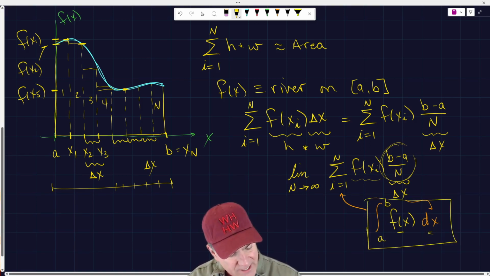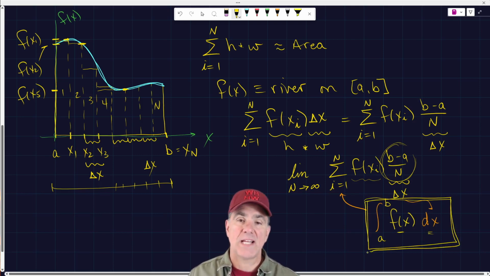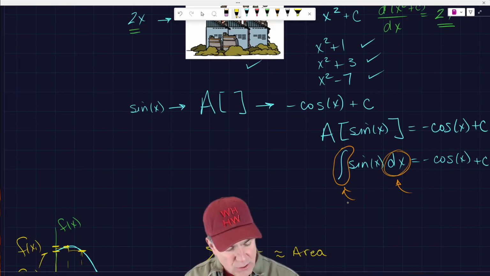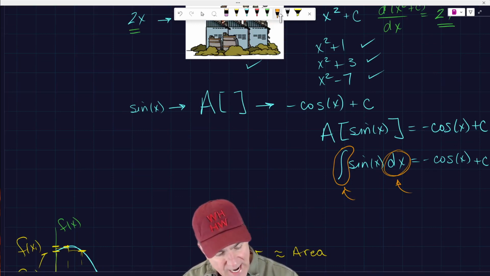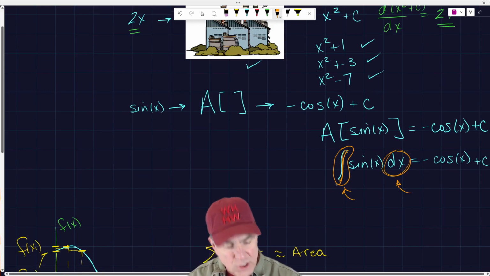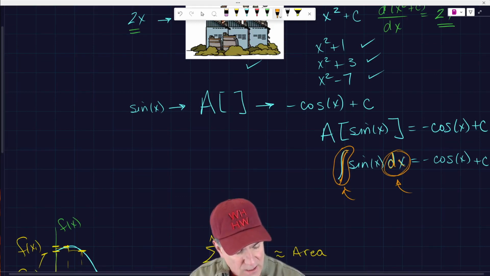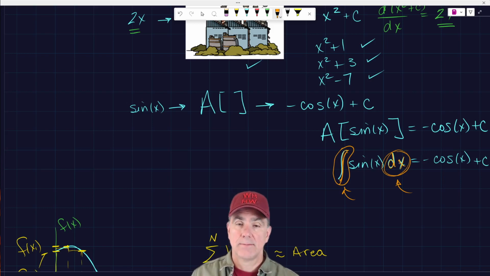This is called a definite integral, but it's directly related to antidifferentiation, which is why this notation is used. It's the reason that I have an integral sign, which is just a summation sign, that's what it stands for, and a dx, which is just a delta x. It's exactly the same idea.